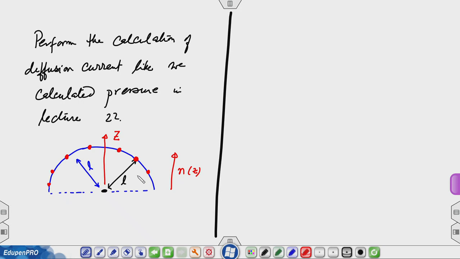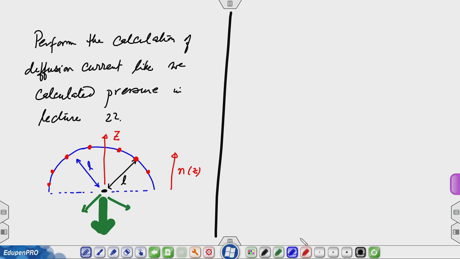So particles coming from all these different points give rise to a current here. Particles coming from the left give rise to a current here. By symmetry, Jx, Jy will cancel, and you have a net current going down. Similarly, there will be a current from the opposite side, and the vector sum of the two currents will give you the diffusion current. So let's see now how we proceed with the calculation.